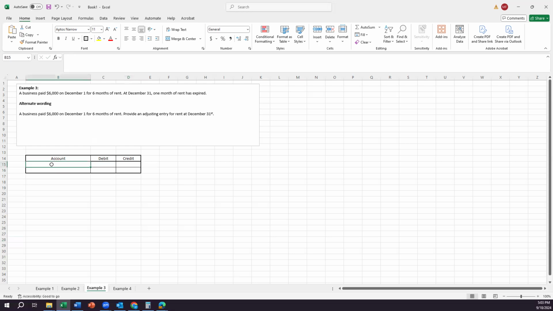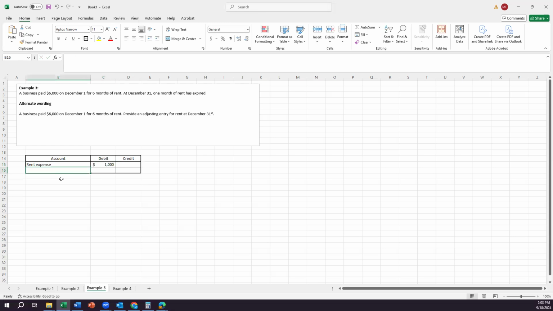And so we'll debit our rent expense. Okay, I can't type. All right. We'll debit rent expense for 1 month's worth. So if $6,000 represents 6 months' worth, we'll take 6,000 divided by 6, and we know that 1 month's worth is $1,000.